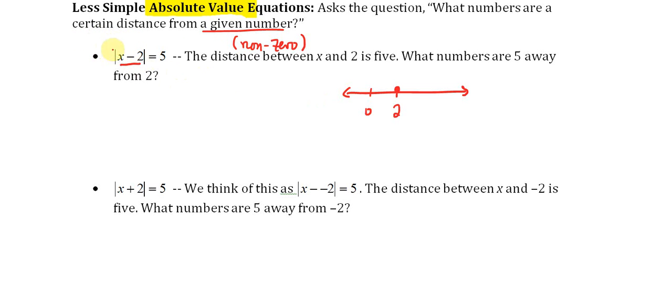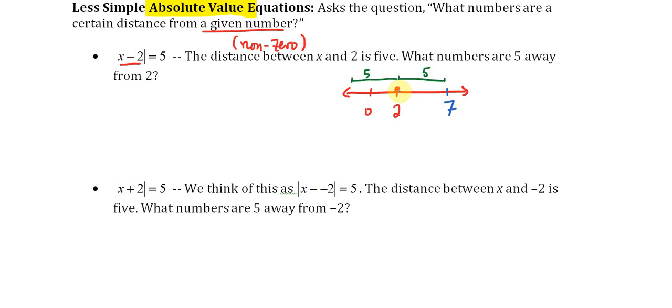And that distance is equal to 5. So if I start at 2, I can go 5 units in one direction, or I can go 5 units in the other direction. If I start at 2 and go 5 to the right, that leads me to 7, because the length between 2 and 7 is 5.